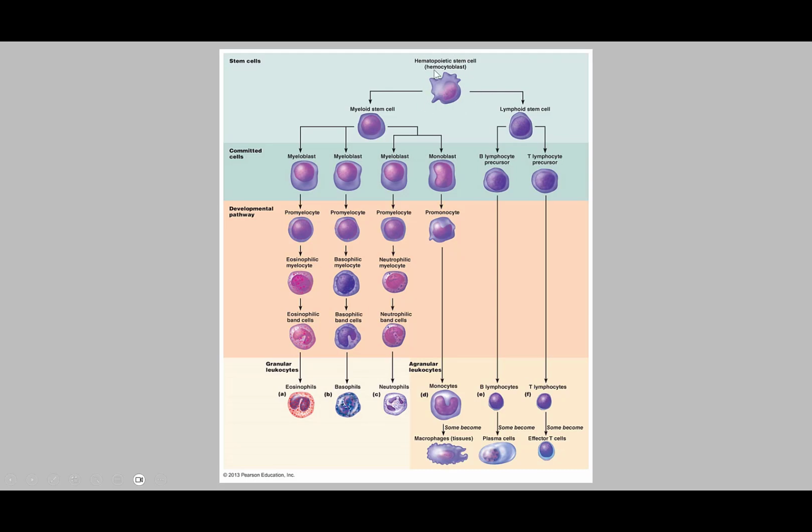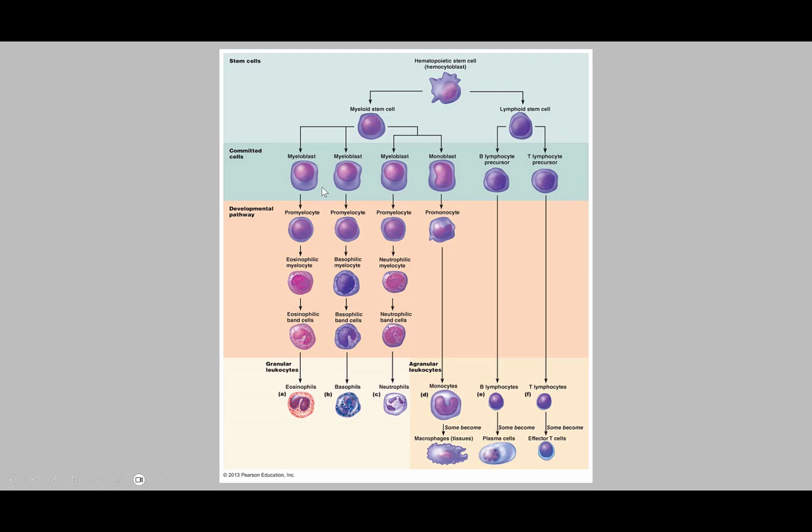The other thing hemocytoblasts can do, if they're going to become something other than a B or T cell, is divide. One cell remains a hemocytoblast, one cell becomes a myeloid stem cell. Myeloid stem cells then go through development. You do not need to know all of these intermediates.